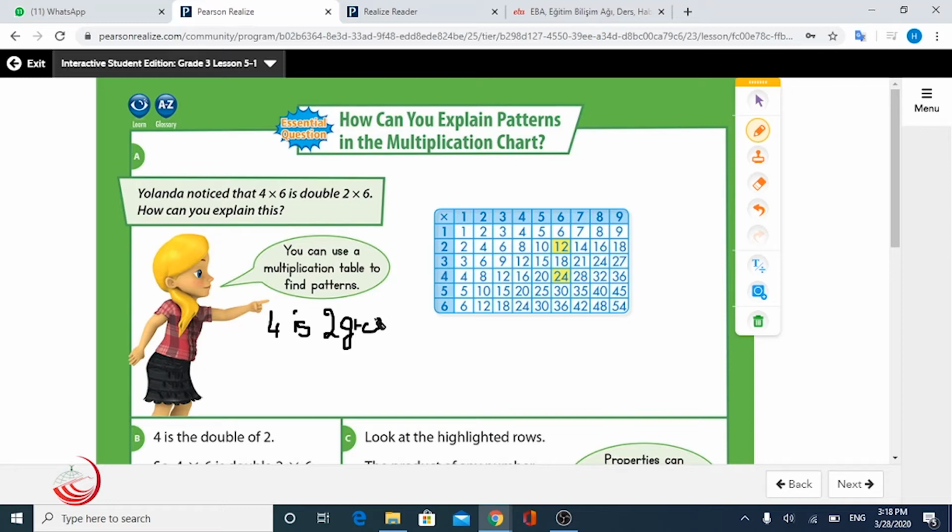Yes, it's 2 groups of 2. Okay? And I noticed here that the 6 is the same in both equations. So the 6 is fixed, but what changes is the first factor, 4 and 2.